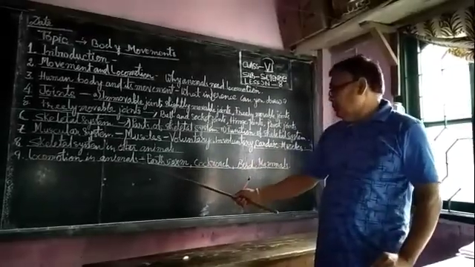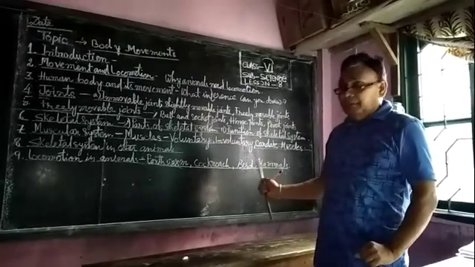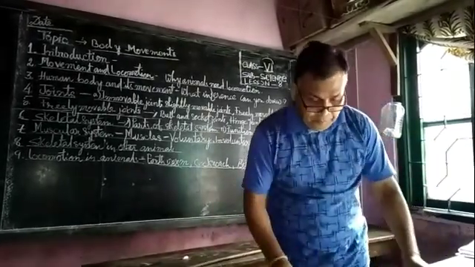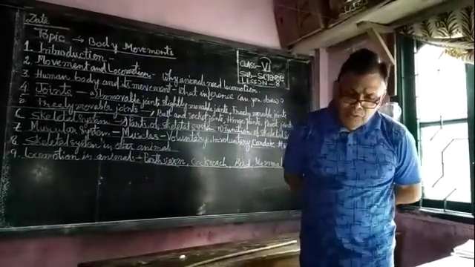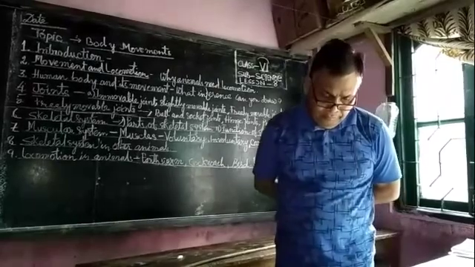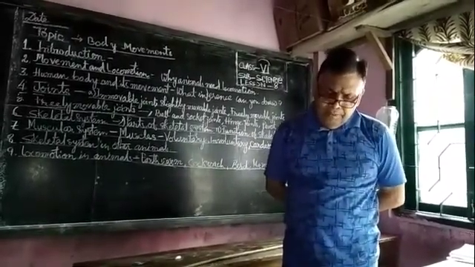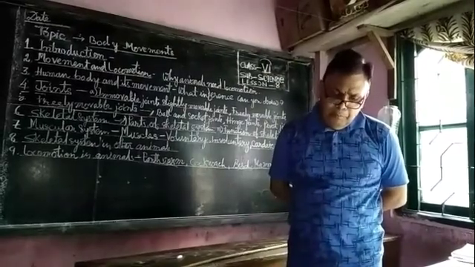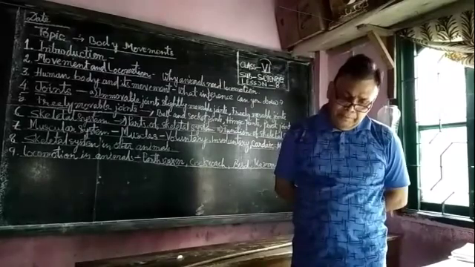Locomotion in animals: the earthworm, cockroach, bird and mammals. Earthworm. The earthworm has a long cylindrical body made up of many rings of segments joined end to end.